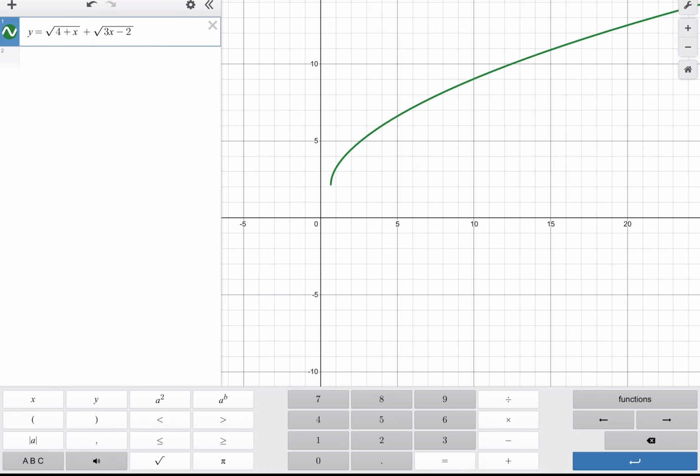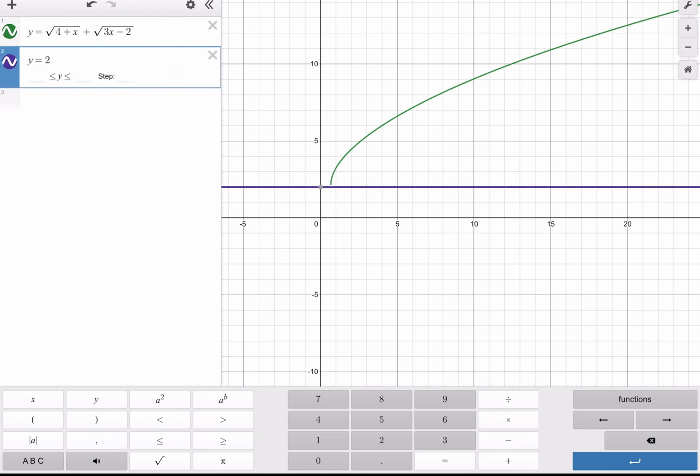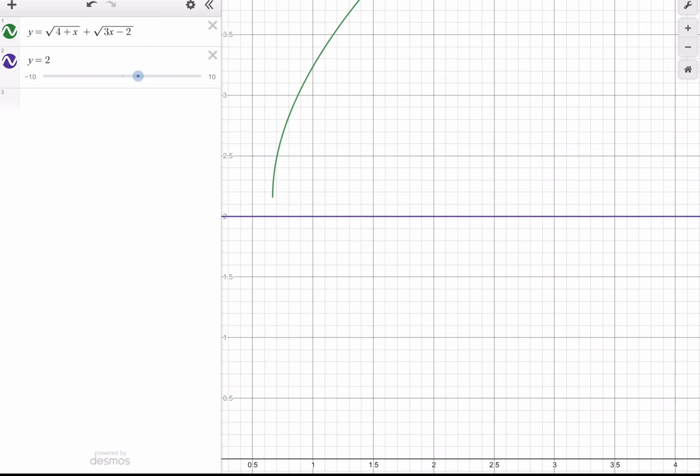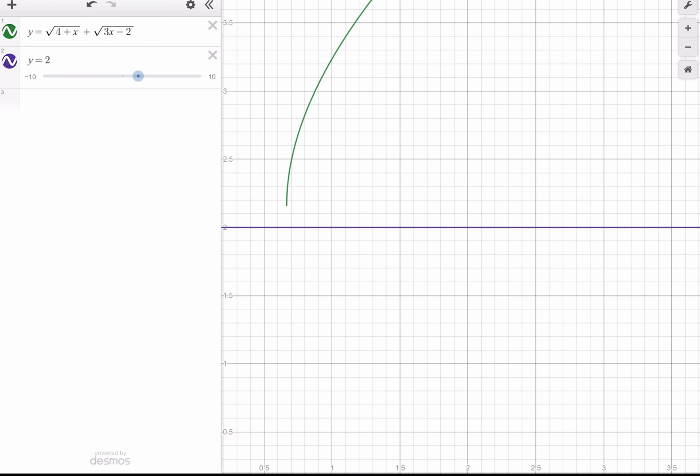I'm not going to put equals 2 here. That's one function, and then our other function is the other side, so y equals 2. And notice how if we zoom in, there aren't any solutions.